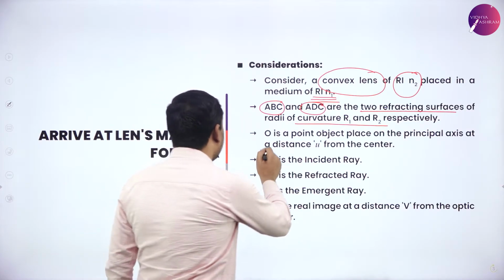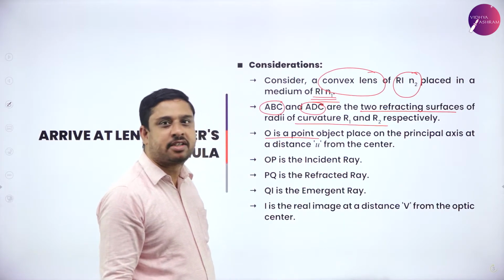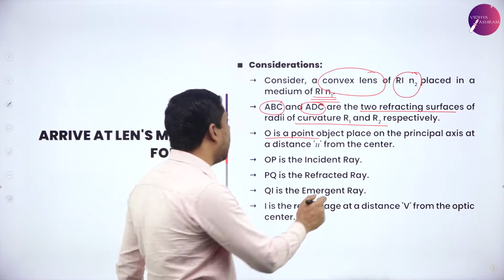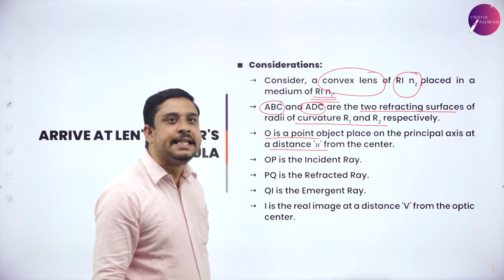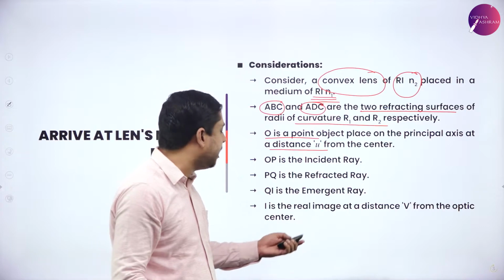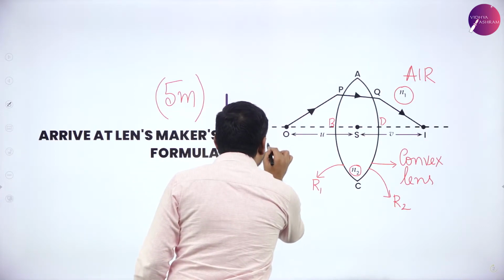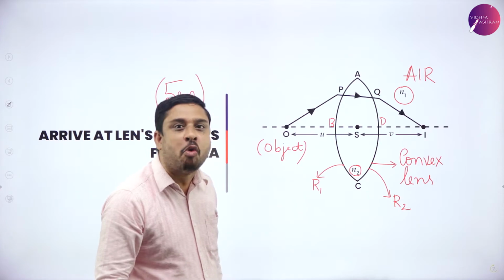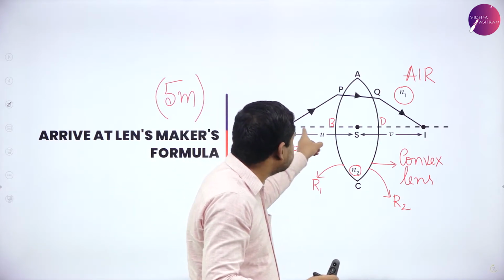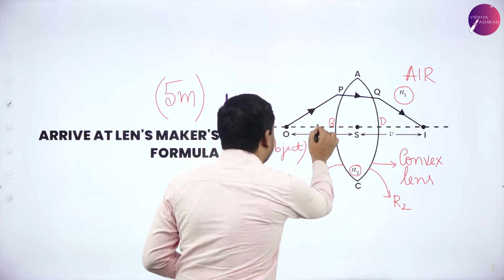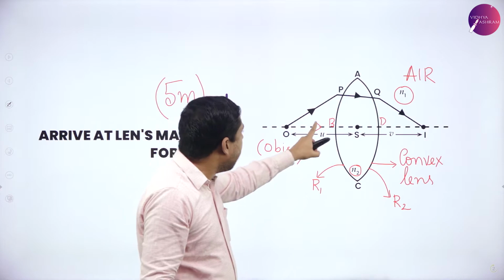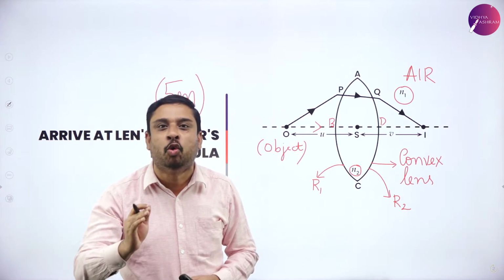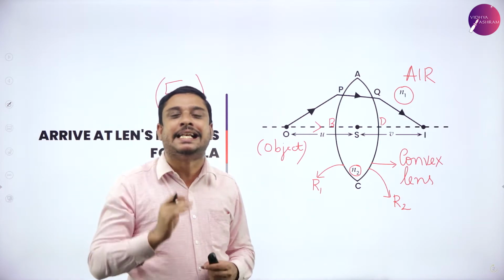Now, O is the point object, a very small object which is placed on the principal axis at a distance u from the center of the lens. So u is the object distance.